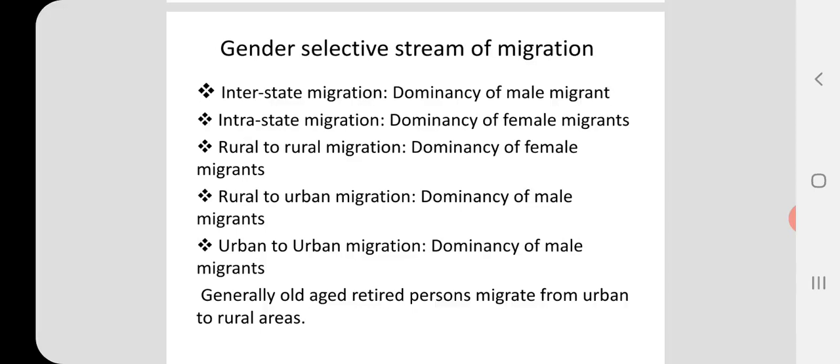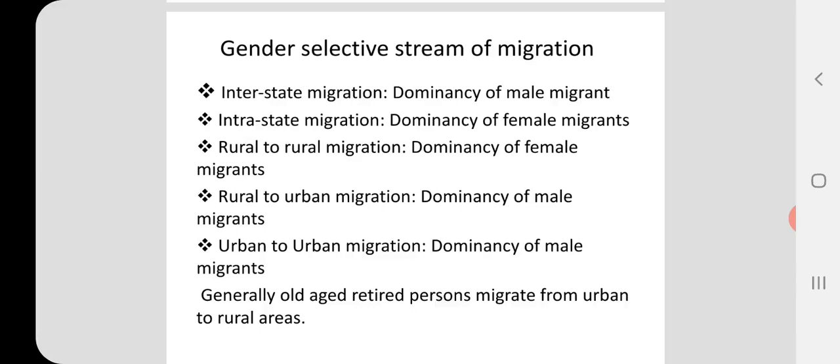That means the dominance of male migrants or the dominance of female migrants in the different streams of migration. Firstly, interstate migration. Interstate migration is mainly dominated by male migrants. Interstate migration means from one state to another.